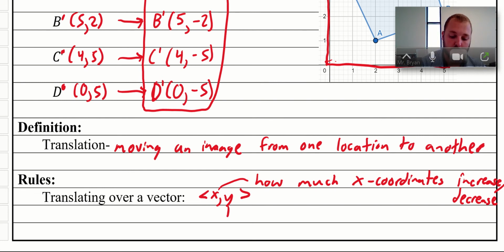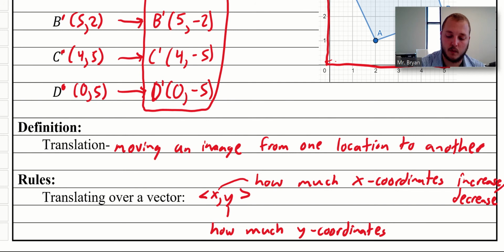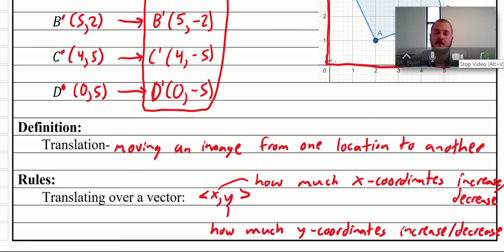Okay, and then the y coordinate, or the y point of that vector, same thing, just with the y value. So how much y coordinate, or y coordinates if it's a shape, increase slash decrease. Okay, it will increase if it's a positive number, it will decrease if it's a negative number.